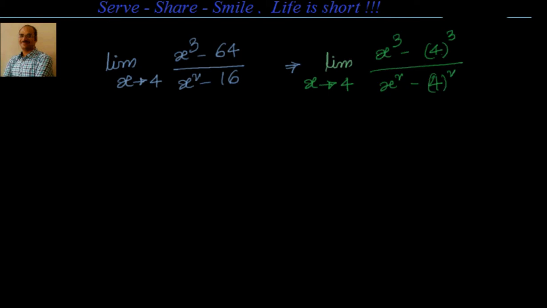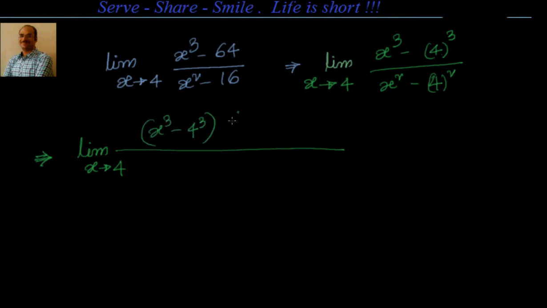Similarly, in the denominator also, I can write it as x square minus 4 square. Now you can see that you have the x to the power of n minus a to the power of n term, but we don't have the x minus a term, which is missing. So we will add that term in both numerator and denominator. We will make it as x cube minus 4 cube divided by x minus 4. Similarly, in the denominator we will have x square minus 4 square divided by x minus 4.